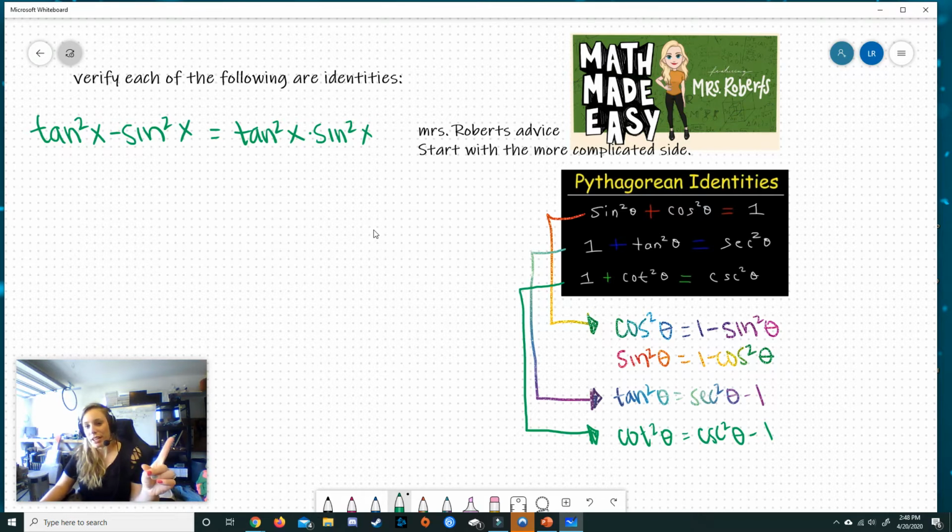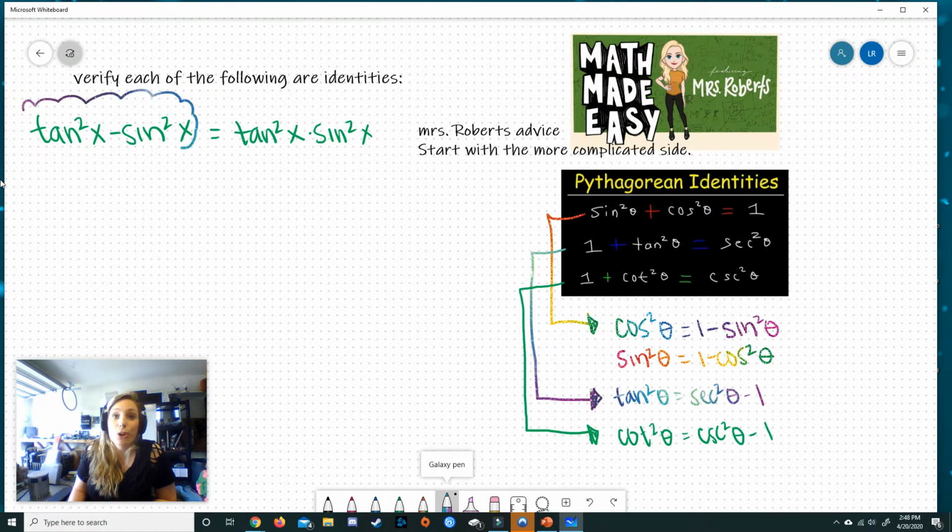You have tangent squared of x and you have sine squared of x. Tangent squared of x times sine squared of x is technically one term. So I would say that this function here is the more complicated side.